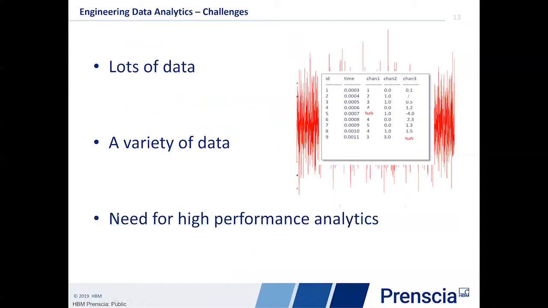And the third bullet point here is the need for high performance analytics. Before I go into more detail on what I mean by high performance analytics, I'd like to say a word about the quality of the data. Analytics, in other words, means getting knowledge from the data.